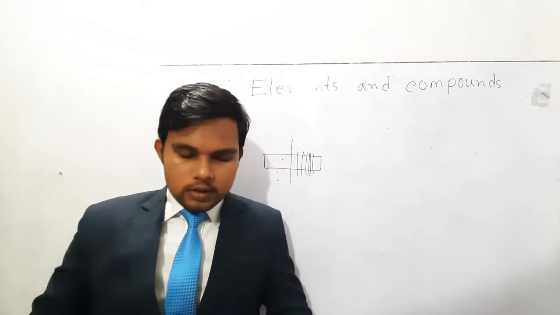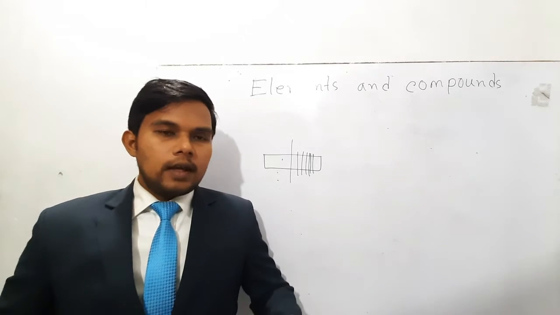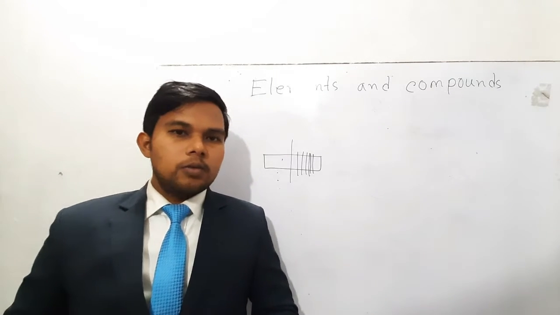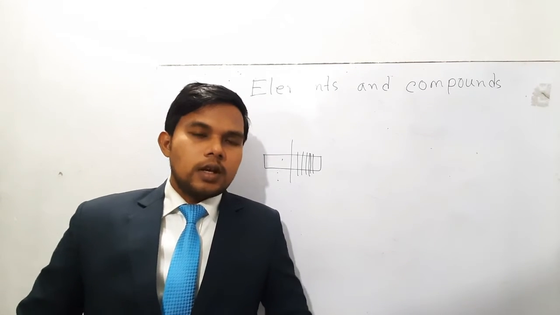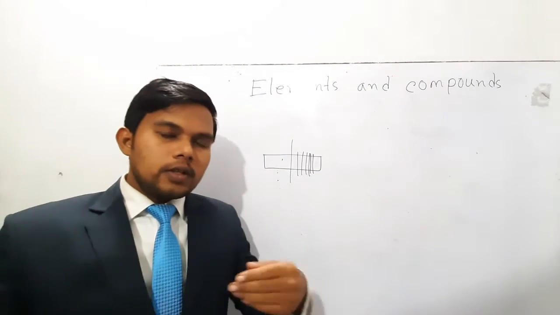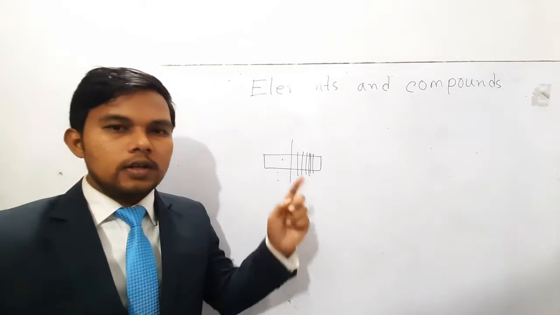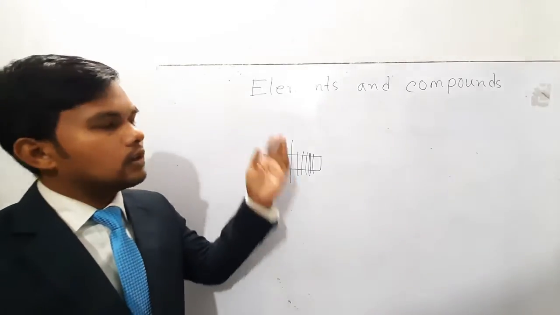Not only iron, but the rest too, gold or silver, oxygen, nitrogen, carbon, these types of substances are called elements, because when we divide further and further, we will get only that substance, only itself. That's why these are elements.